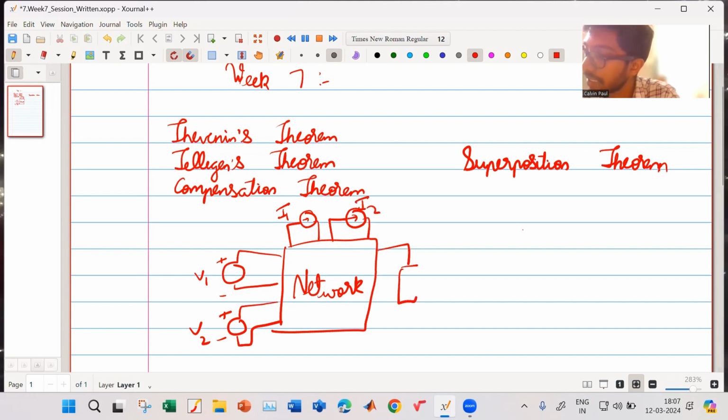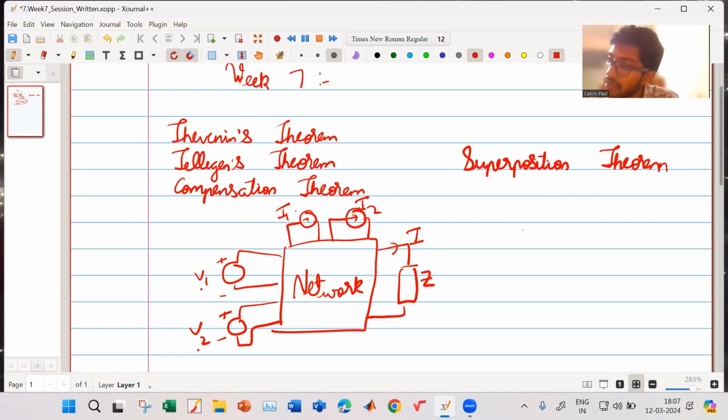Suppose you have some impedance Z over here and some current I. This current I, which is flowing out, is a function of V1, V2, I1, I2. Now, when you apply the superposition theorem, what will you do?